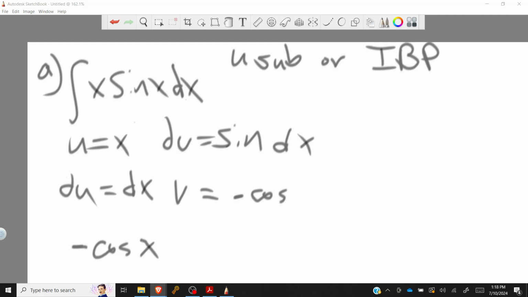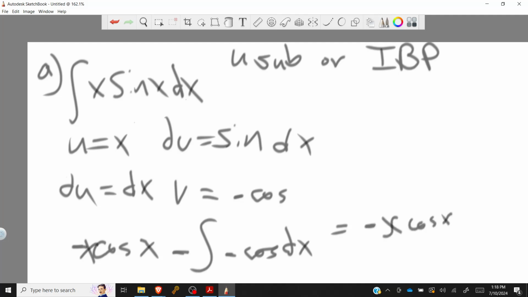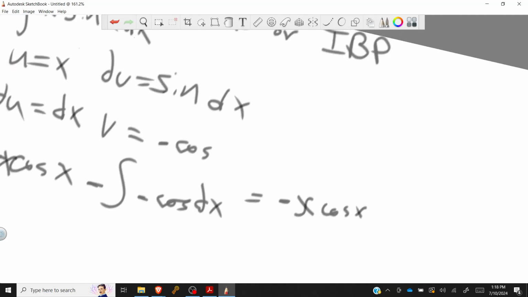Then we'd have negative x times cosine minus the integral of negative cosine dx. That's equal to negative x cosine x plus sine.